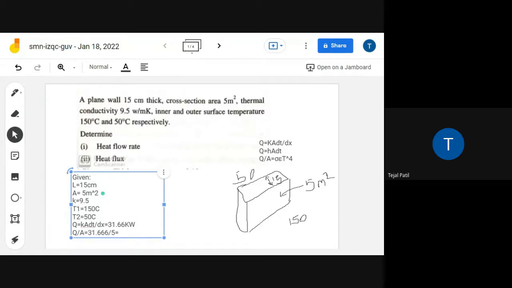I may make a mistake, but please check. Now tell me what is Q by A? Heat flux. 6.33 kilowatt. Okay, so this is how you are supposed to solve the problem for conduction.